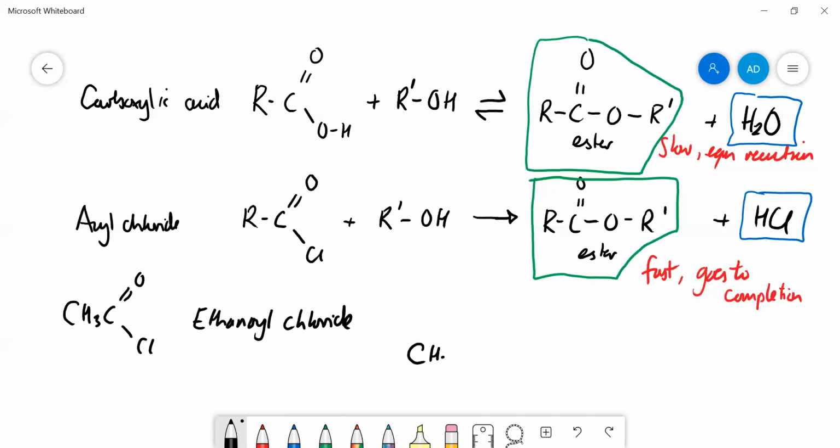If it had an extra carbon on it, that would be propanoyl chloride, and so on. Okay, more about acyl chlorides in the next lesson then.